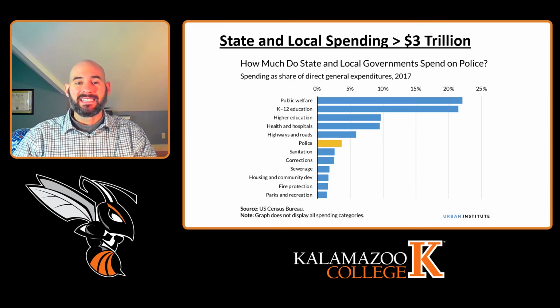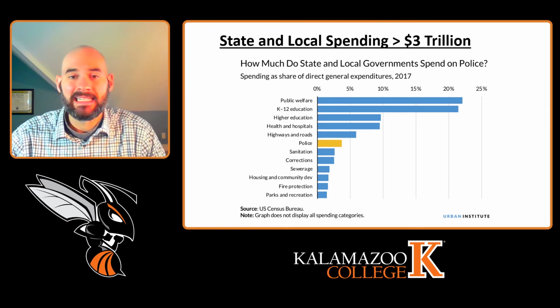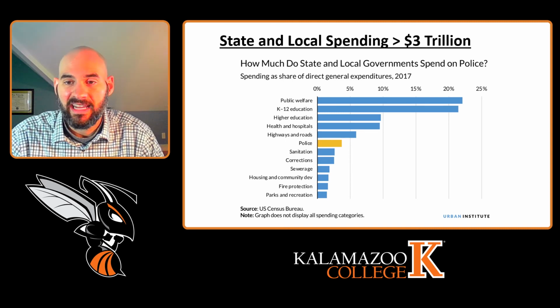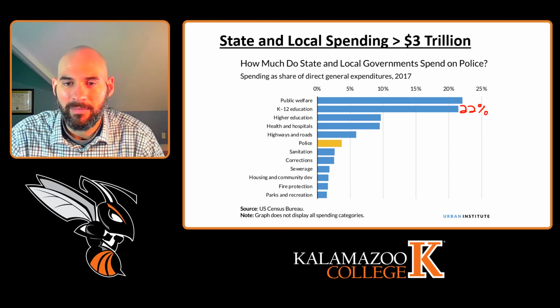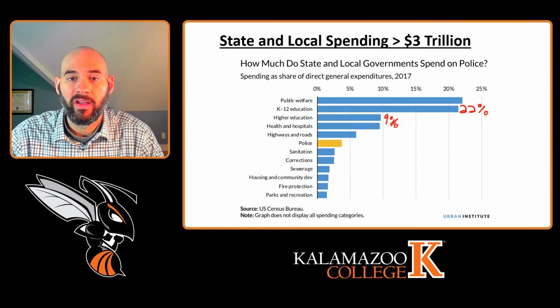So using these statistics from 2017, in this graph from the Urban Institute, as well as a variety of sources, we can see that this information corroborates the story in our textbook: between K through 12 education being maybe 22%, and higher education being maybe around 9%, about 1/3 of state and local government spending, as a share of direct general expenditures, goes towards education.